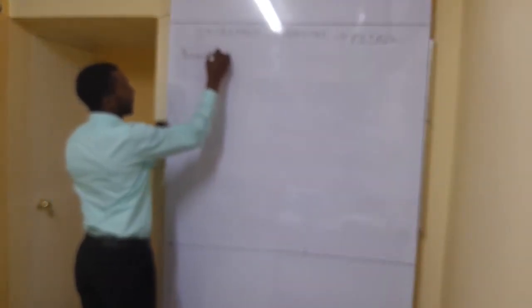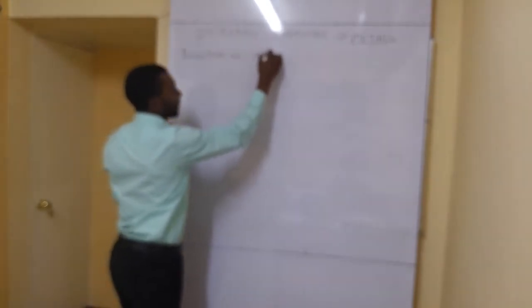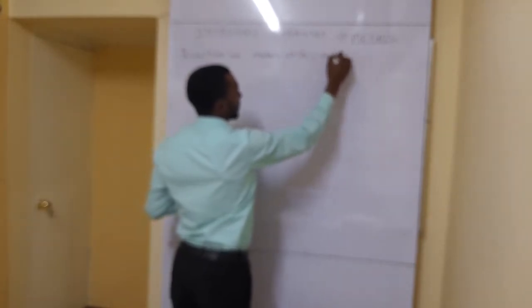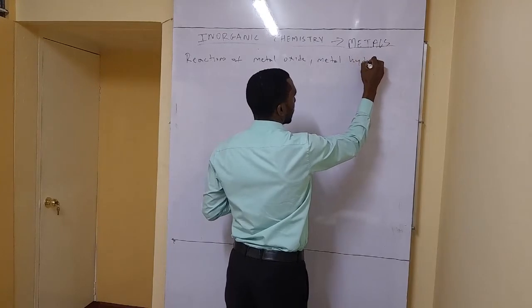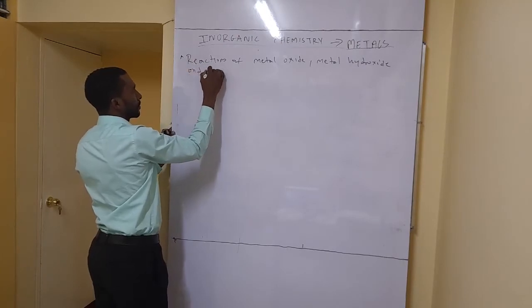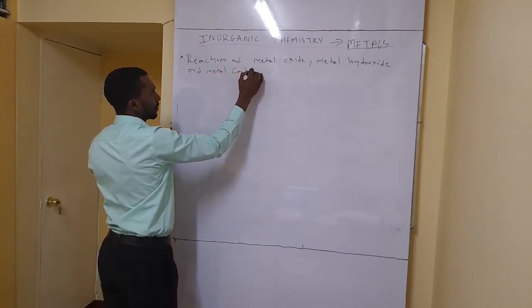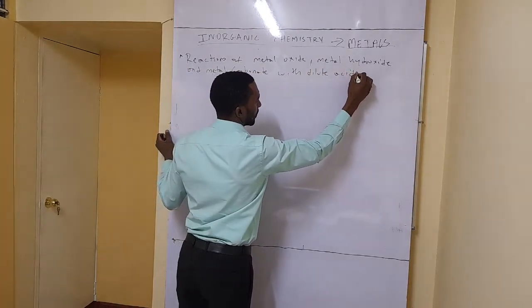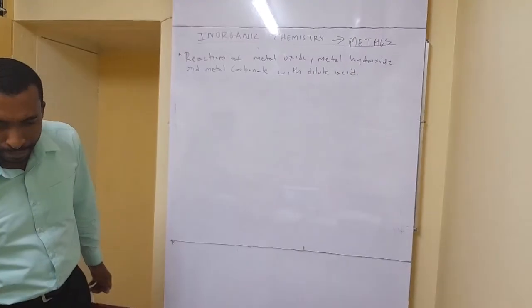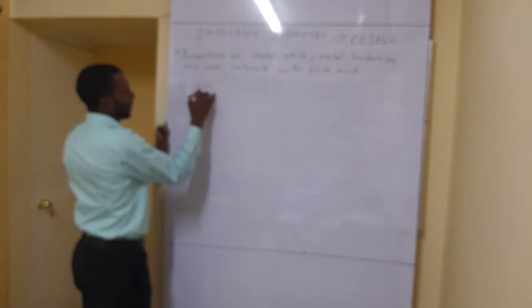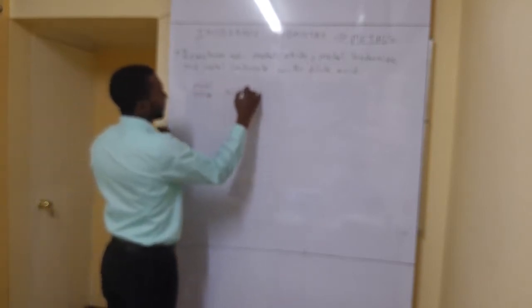So, reactions of metal oxide and dilute acid. So one, metal oxide plus acid.